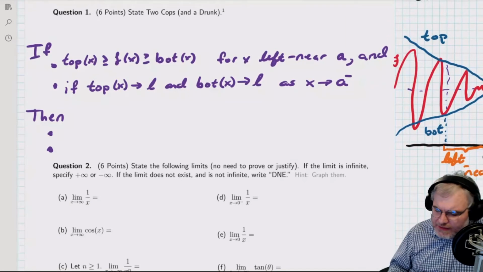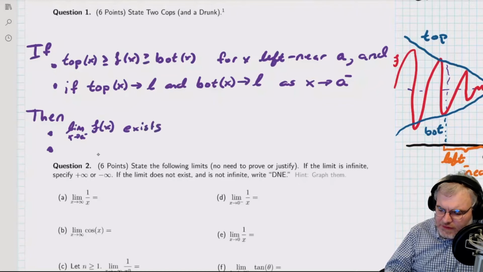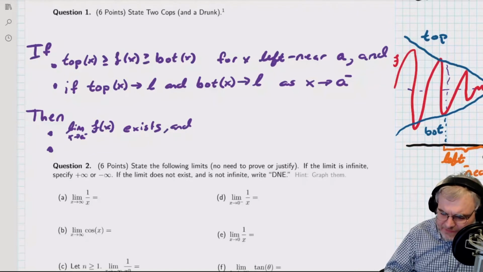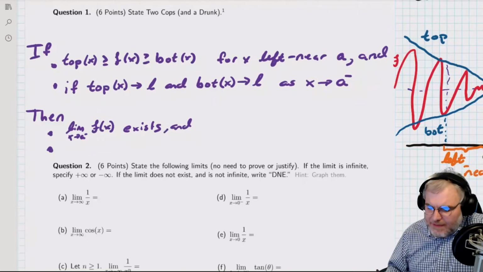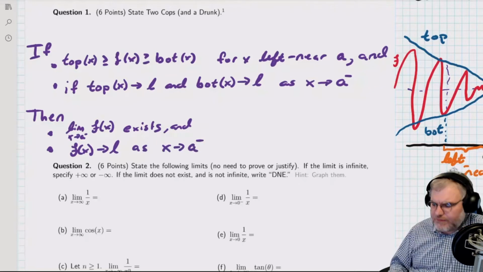Then what happens? Well, the limit as x goes to a from the left of f of x exists. Again, I don't need this conclusion because it's implied by the other. And f of x goes to L as x goes to a minus.